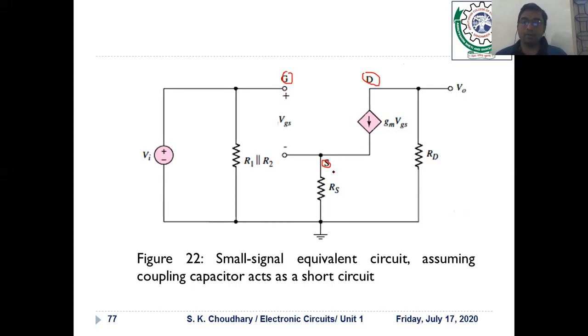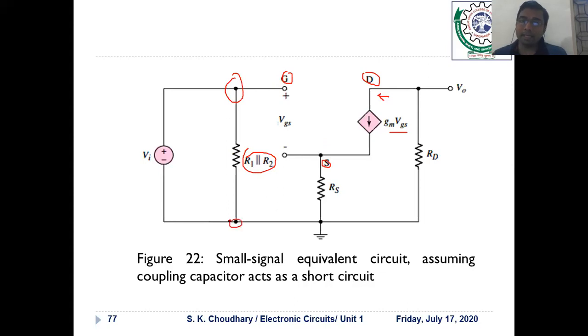Now, same representation, VGS. ID is represented from the drain to source, that is gm VGS. We have considered an ideal case and neglected the effect of ro, for simplification of the circuitry. Then on the input side there is the equivalent resistance Ri, R1 parallel R2. This is between the gate terminal and ground.